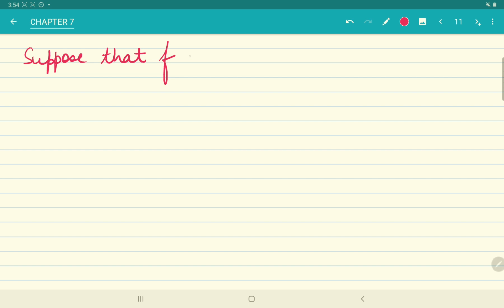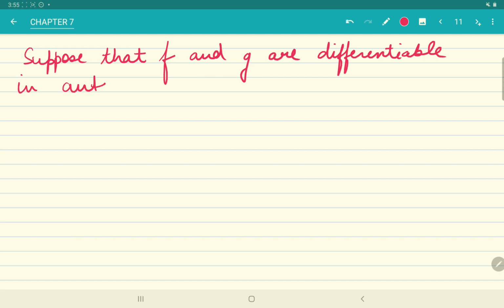So suppose that f and g are differentiable in an interval alpha beta around a.